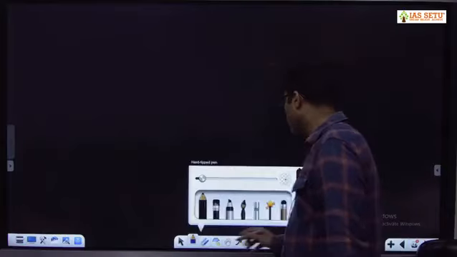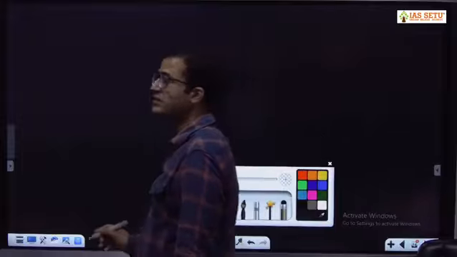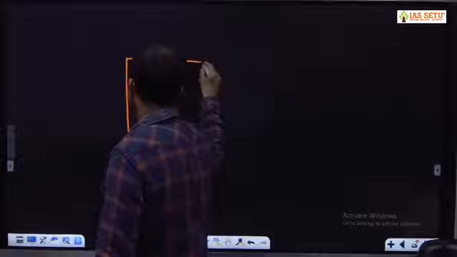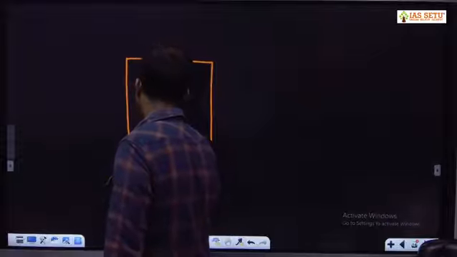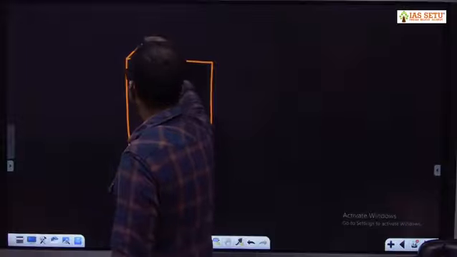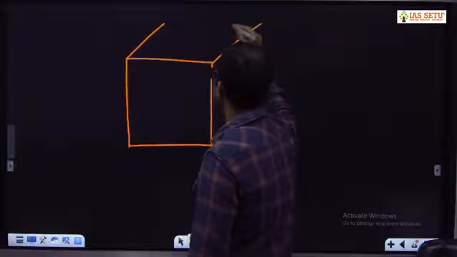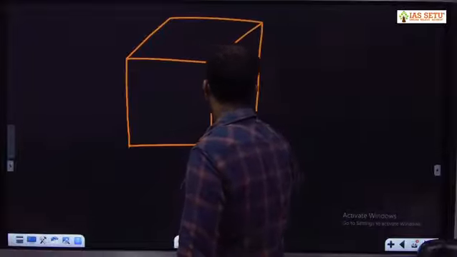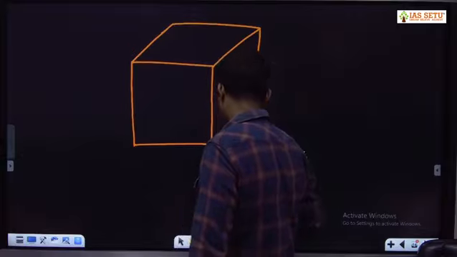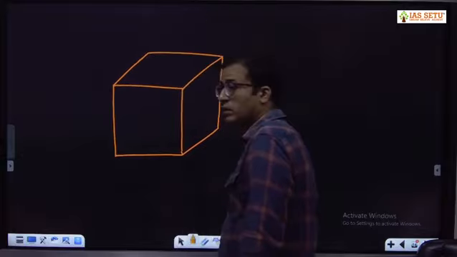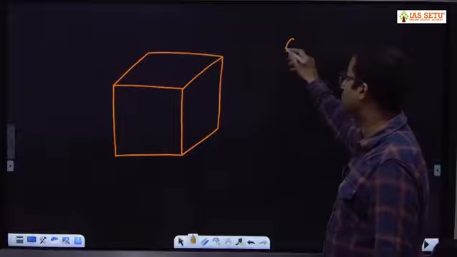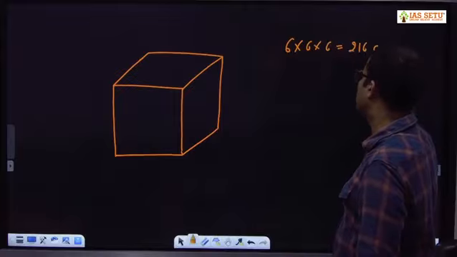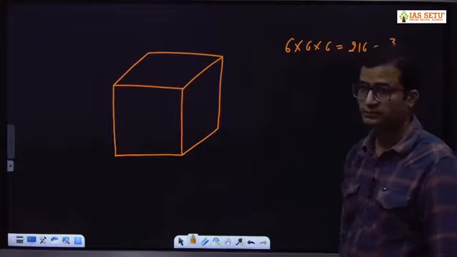So what we will do, we take a cube of length 6 centimeter. Step number 1, I will draw one cube of length 6 centimeter. 6 into 6 into 6, so it is 216 centimeter cube.